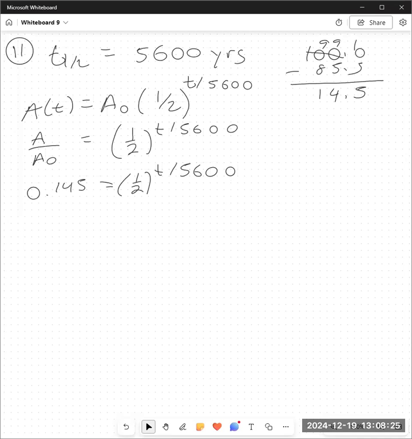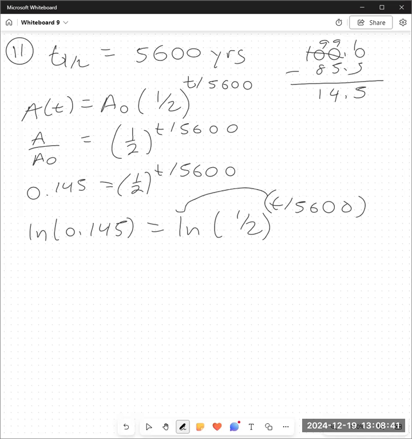And so we're going to take the log of both sides. I'll use ln here. Using log properties, this is going to come down front. So ln of 0.145 is equal to T over 5,600 times ln of 1/2.